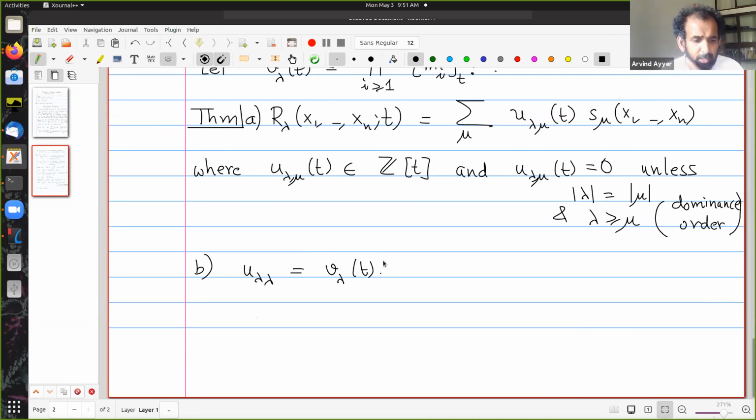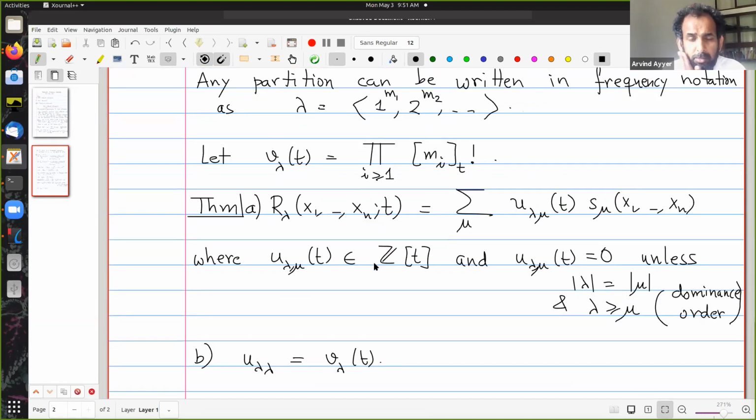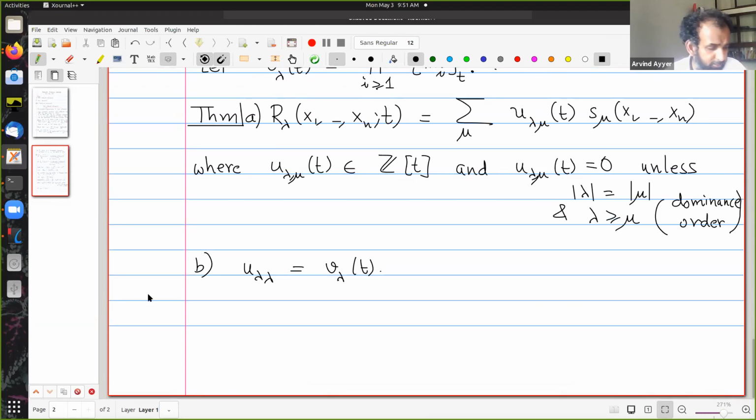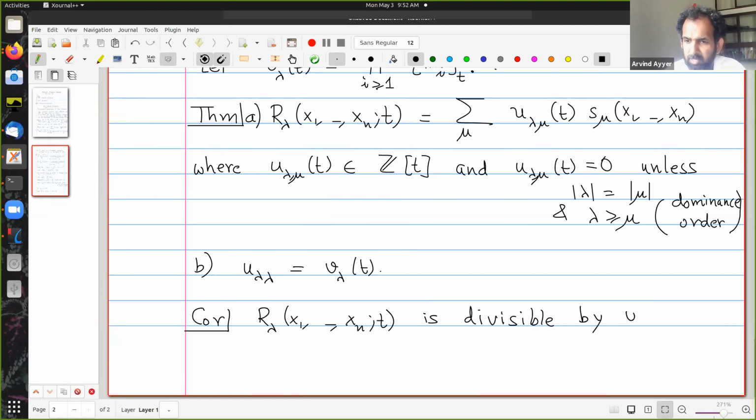But the point of this, as a corollary, is that R lambda of x1 up to xn, t is going to be divisible by v.